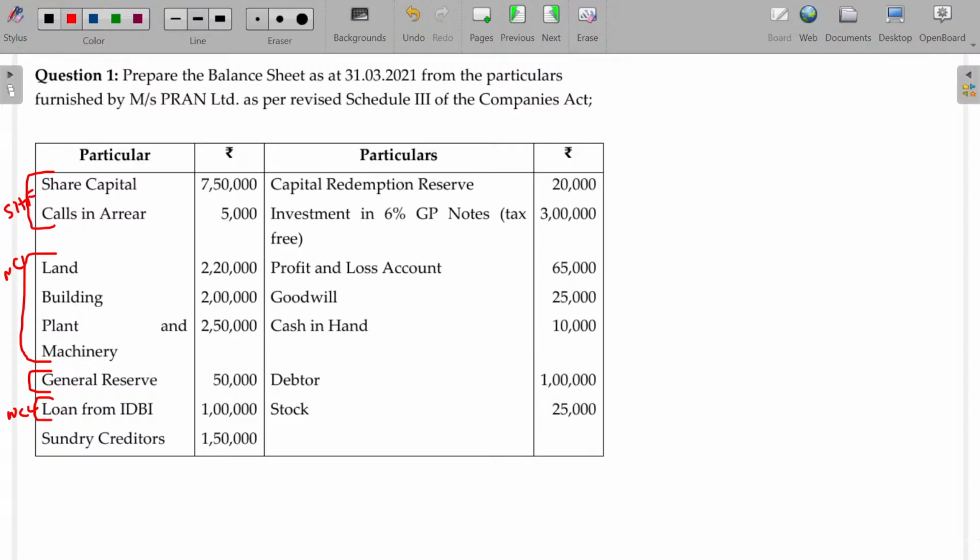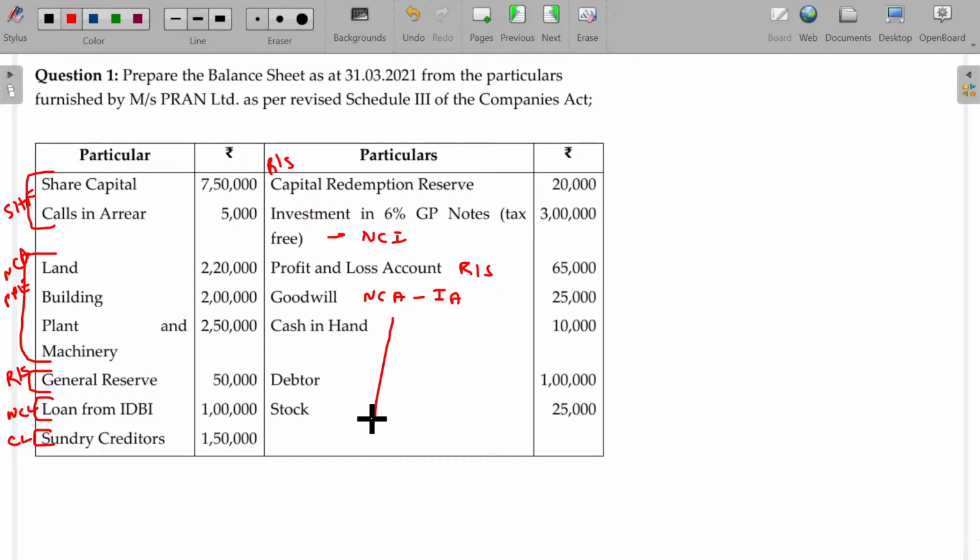Non-current assets, property, plant, equipment. Sundry creditors, current liabilities. Capital redemption reserve will be reserves and surplus. Investments, non-current investment, profit and loss, reserves and surplus, goodwill, non-current assets, under that intangible assets, cash in hand, debtors and stock.